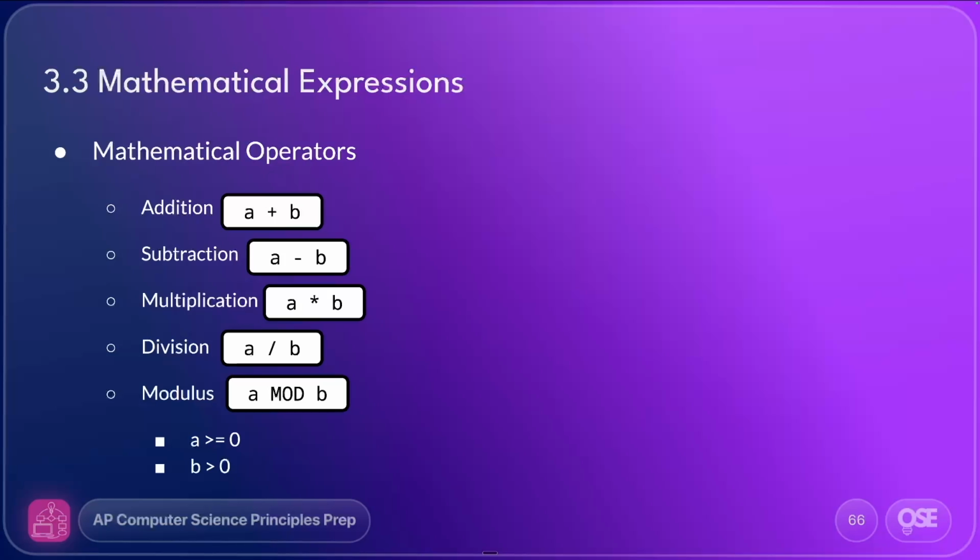Multiplication uses a star symbol. You can remember M stands for snowflake. Division uses a slash. If you're having trouble remembering this, remember that I looks like the slash. Modulus uses the mod. This one is a tricky one to remember because obviously it says mod. What can it be?